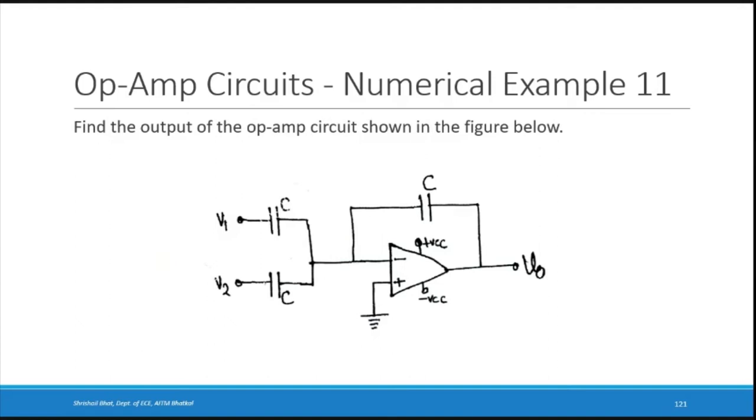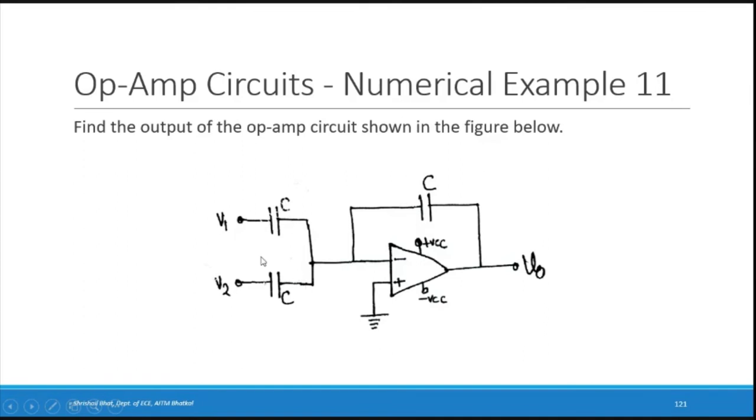But in that case, there would be one resistance somewhere, right? In the integrator, R1 was a resistance and there was CF as capacitor. In the differentiator, there was C1 and RF was the feedback resistor.